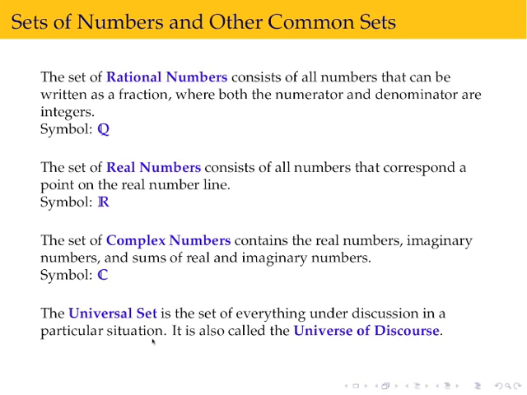It will either be very clear from context what your universal set is, or most often it will be explicitly stated. And the universal set, I always use a script U, a fancy U, for the universal set. Some textbooks will just use a normal capital U for the universal set.